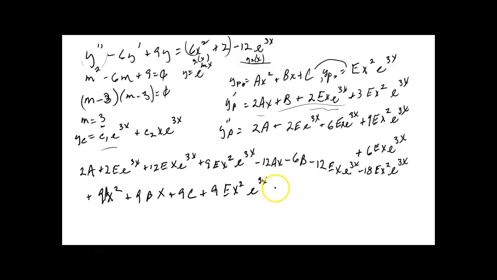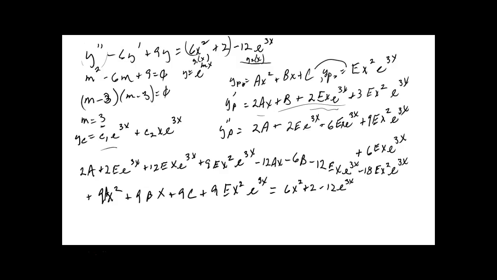And that's supposed to equal 6x squared plus 2 minus 12e to the 3x. That's a lot of terms, isn't it?